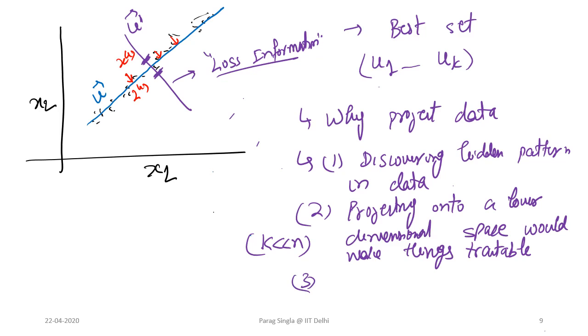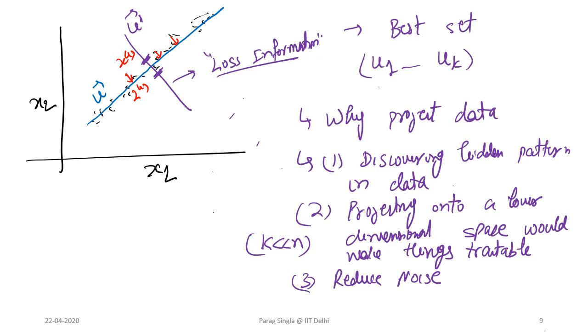And third, which is also very important, is that often this will also help us reduce noise in the data. The assumption is that much of this variance, which is not represented by this line, could also be due to noise in the data. So the underlying assumption is that there is noise in the data, and if you remove that noise, the data might almost perfectly lie in this lower dimensional subspace.